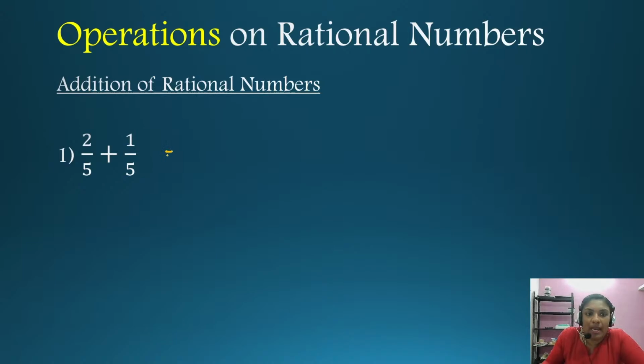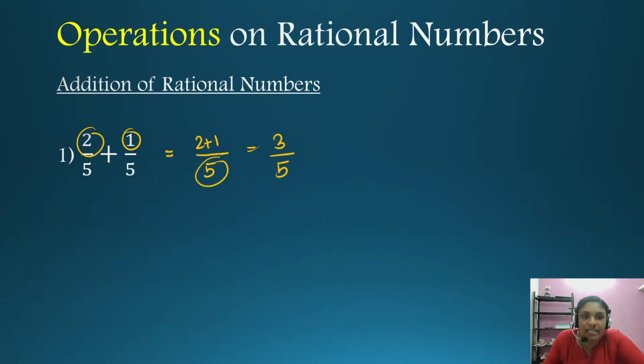So when you add two rational numbers having the same denominator, you just put the same denominator in the sum, and add the numerators. 2 plus 1, that will be 3 by 5. Since the denominators are the same, we wrote it as such, then operated on the numerators.